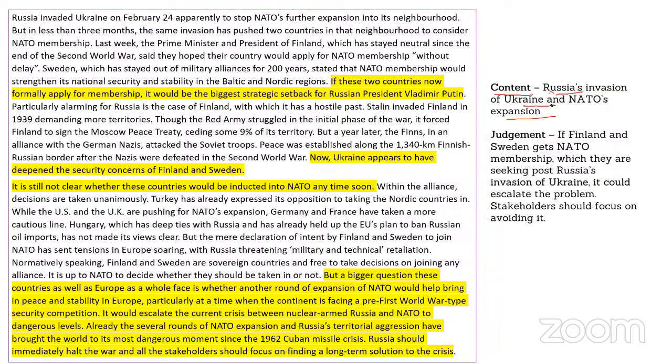That is what the passage is about. Now, what is the author trying to say about this particular topic? What the author is trying to say is, if Finland and Sweden get NATO membership, which they are seeking post Russia's invasion of Ukraine, it could escalate the problem. He has said it could escalate the problem. Russia will be having a strategic setback, right?